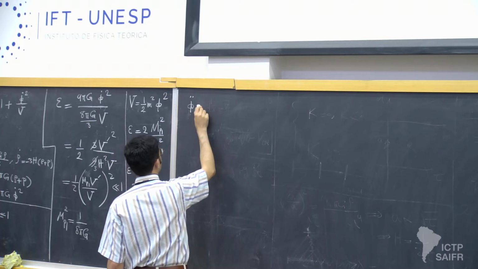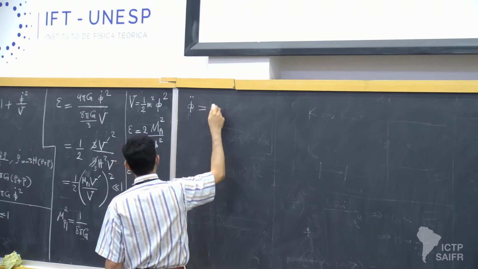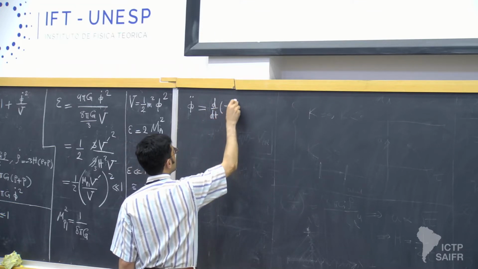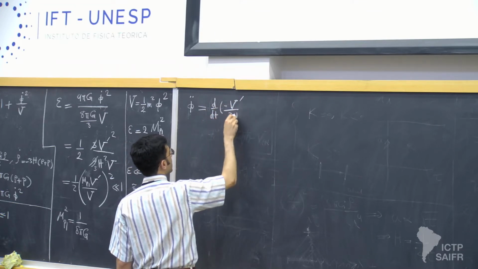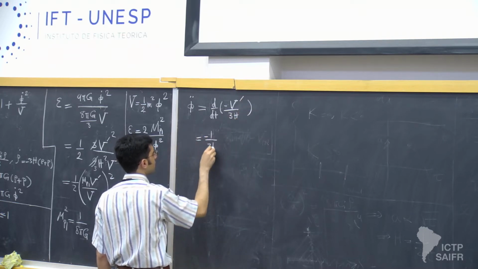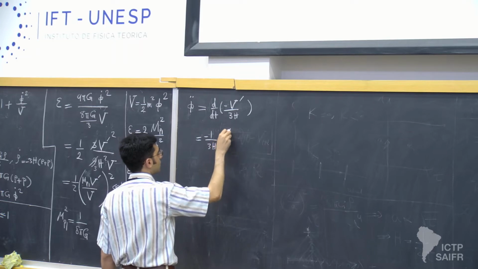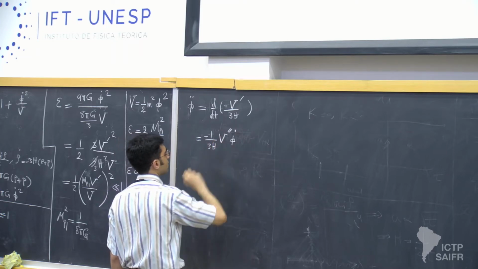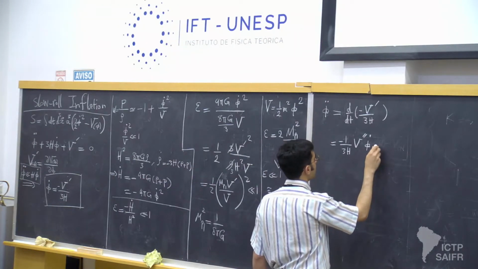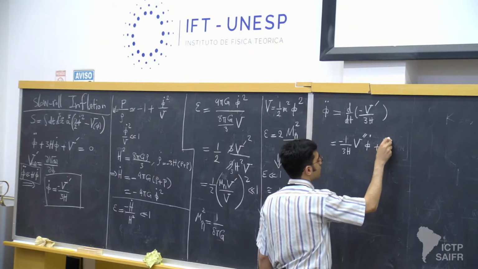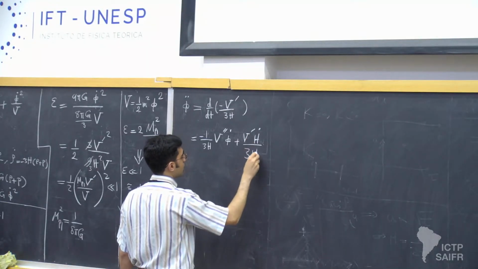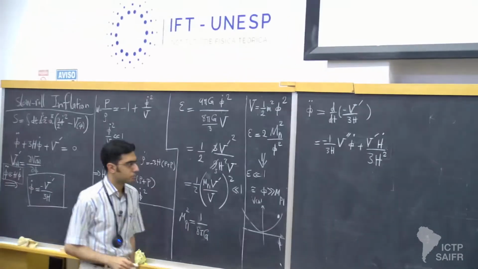What is phi double dot? We have to take the time derivative of minus V prime over 3H. This is minus 1 over 3H V double prime times phi dot plus V prime H dot over 3H squared.